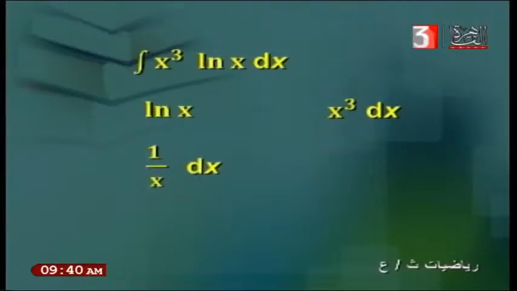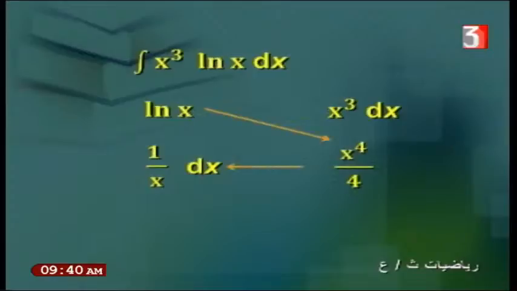We put ln x and x^3 dx as the two parts of the function. The differentiation of ln x equals 1 over x dx, and the integration of x^3 dx is x^4 over 4.